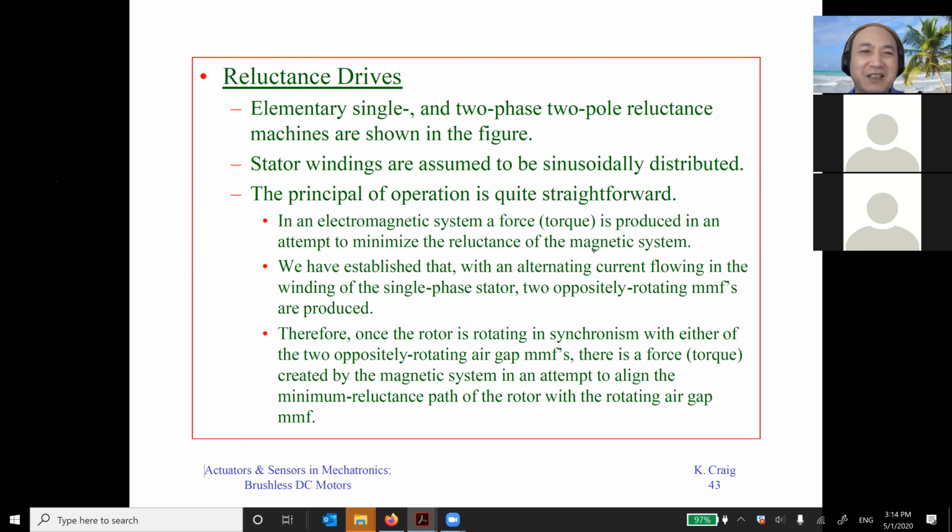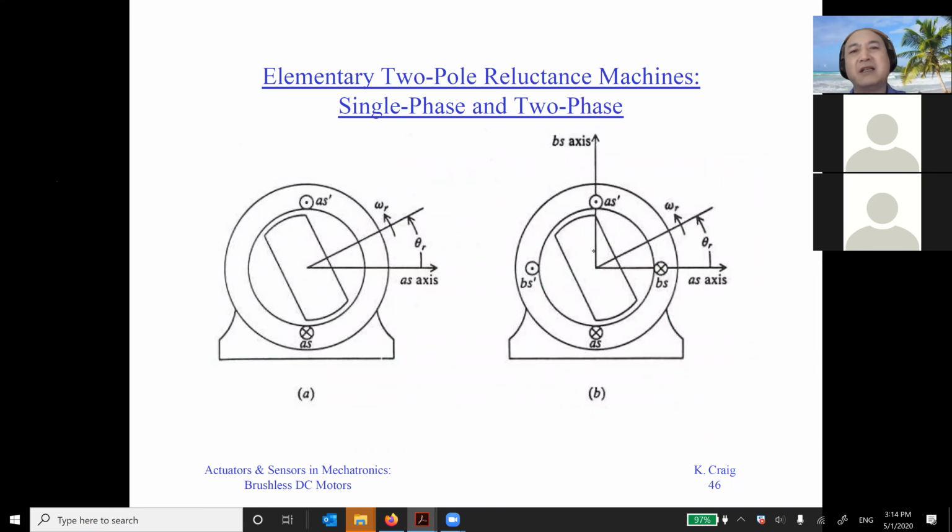So, reluctance device. It's a synchronous machine. Let's go through a little bit slowly. Like a single phase, two-phase, two-pole reluctance. We'll see a picture here and how this can actually be moved. It is a little bit hard to understand if you do not understand this rotating magnetic field.